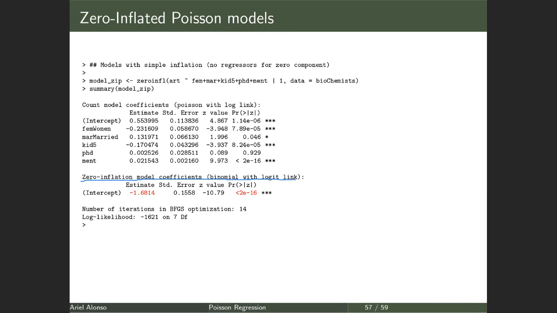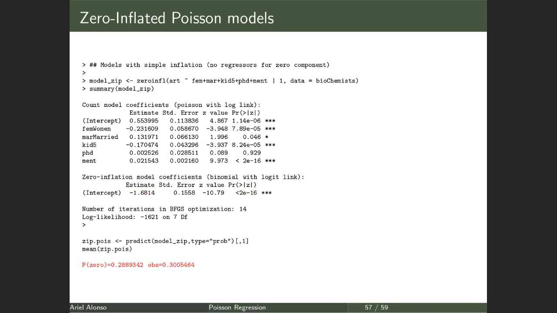So here we are modeling the probability. This is the logistic regression model that we are using to model the probability that an individual will belong to the zero category. We only put an intercept. So here you have the value for that intercept, and it's highly significant. And then here you have just the estimate for the Poisson part, for the coefficients of the Poisson process.